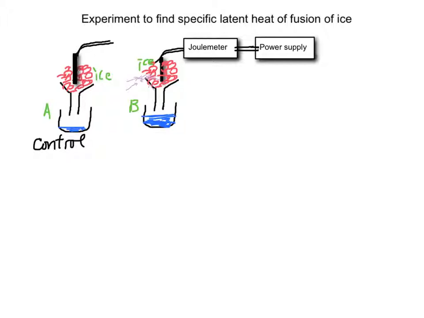In order to eliminate the effect due to heat absorbed from surrounding, we need to have a control experiment. The control is used to measure the amount of ice melt due to the heat absorbed from surrounding.